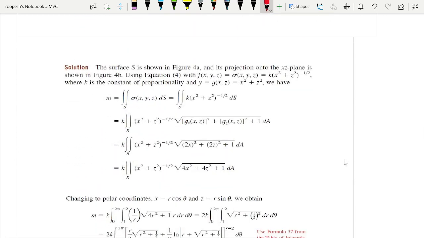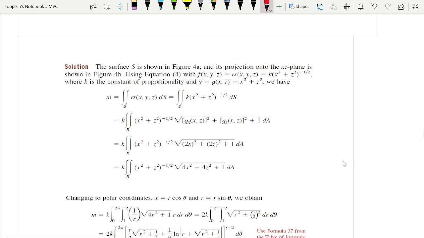So the solution is the projection onto the XZ plane, as I said, shown in the figure. Using equation 4, that is the formula, with f of x, y, z equal to sigma x, y, z, and we are given that it is inversely proportional to that distance.